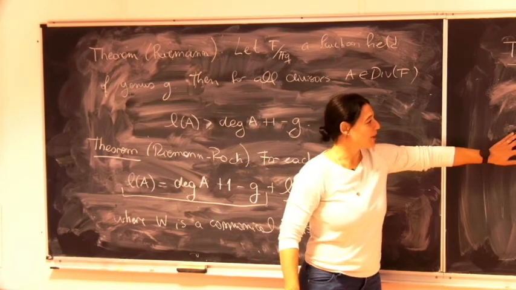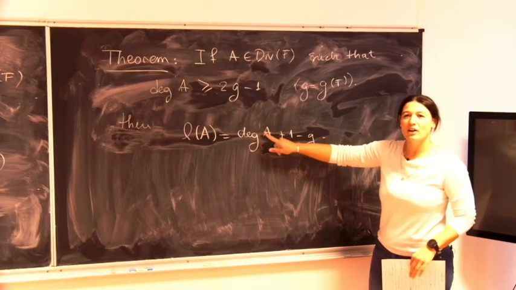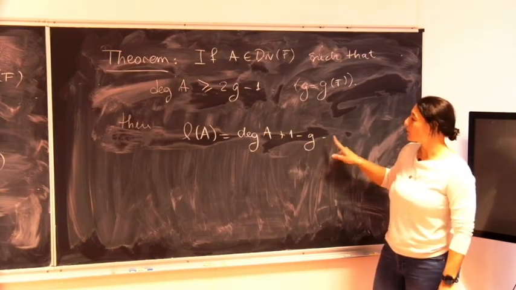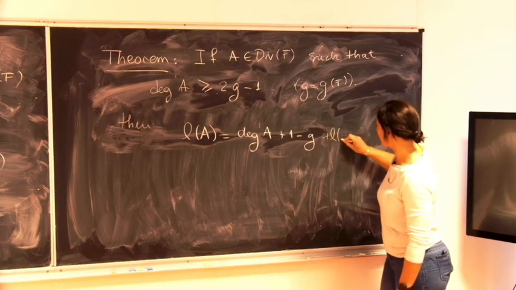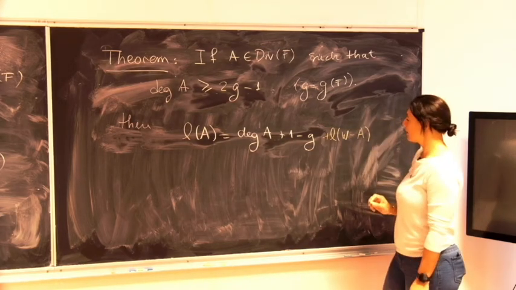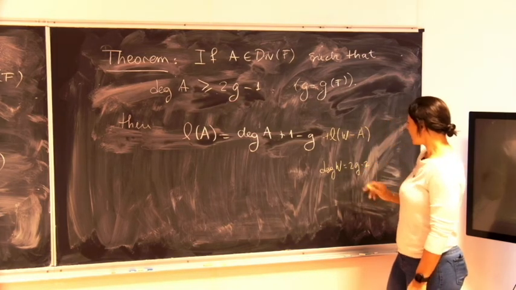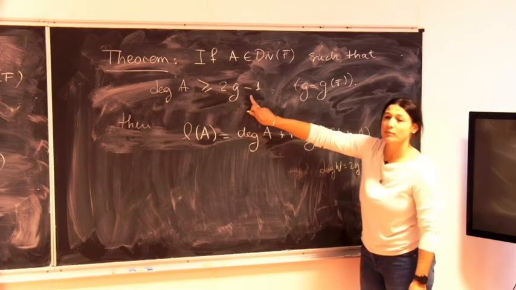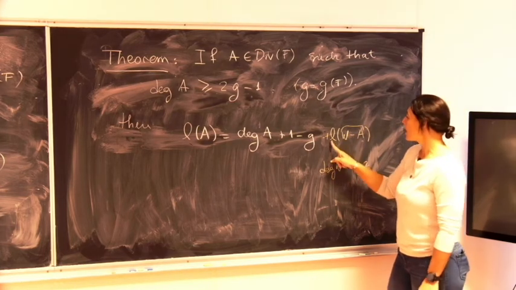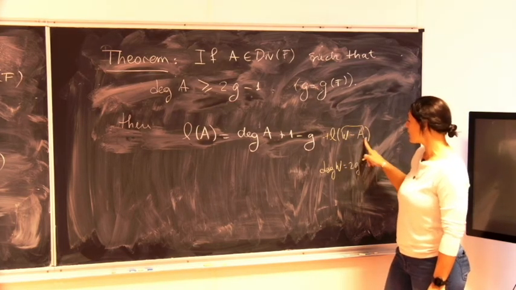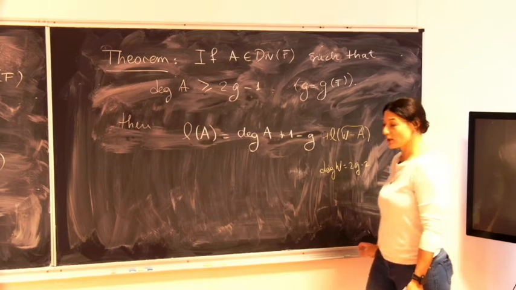And this is because in this case, since the degree of W is 2g minus 2, if the degree of A is bigger or equal than 2g minus 1, this divisor W minus A is going to be a negative divisor, and so the Riemann-Roch space associated to this divisor is going to be only the 0, and the dimension is going to be 0.